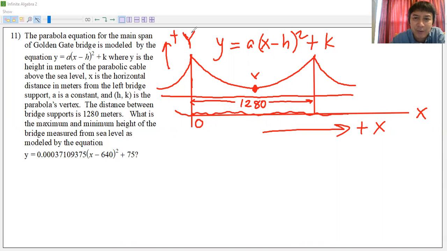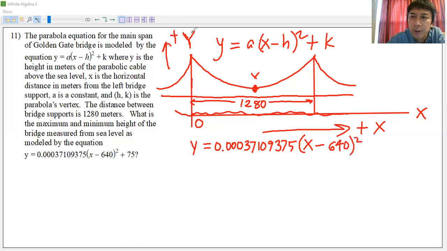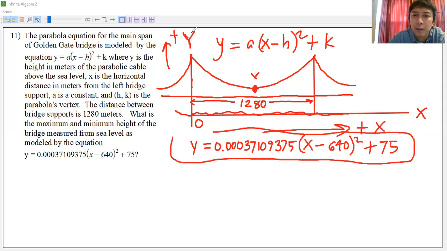So the equation is y is equal to 0.00037109375 times the quantity x minus 640 squared plus 75. This is actually in the vertex form.